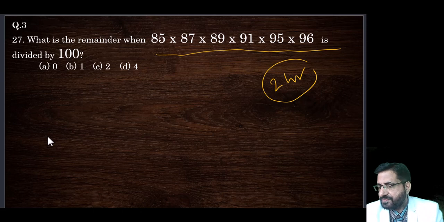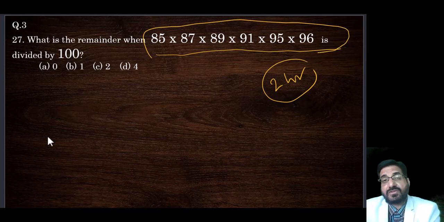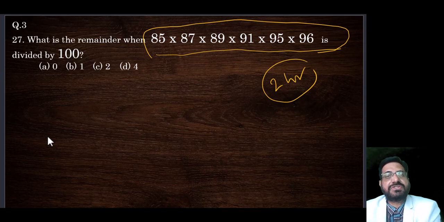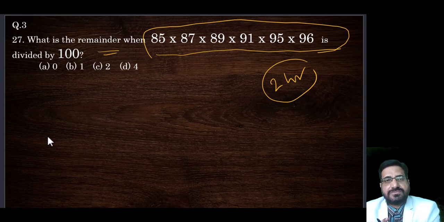Then what should I do? Okay, see what the thing is here. After multiplying all these two-digit numbers, whatever product you get, whether that number is divisible by 100 or not, that is the question here. Divisible means the remainder should be 0.